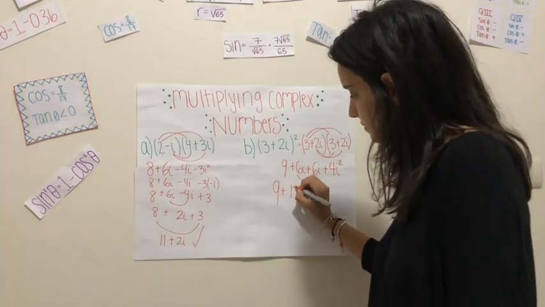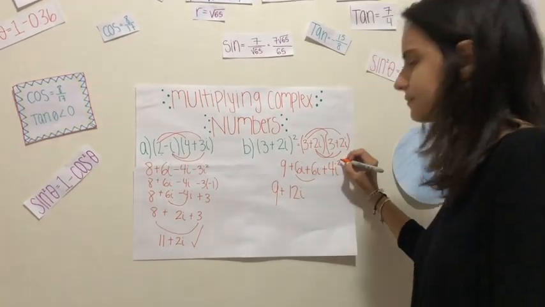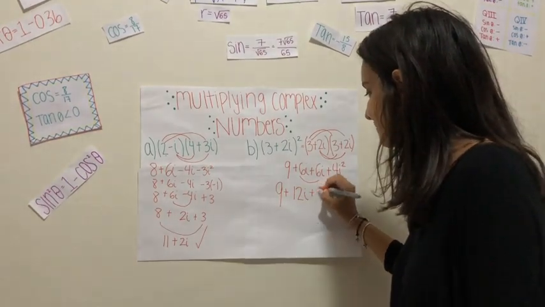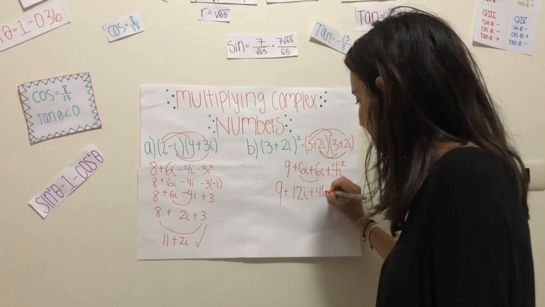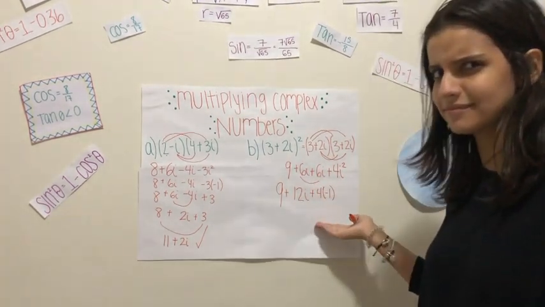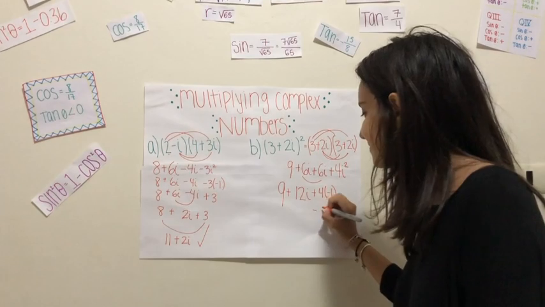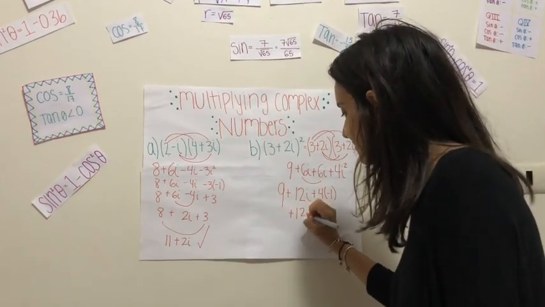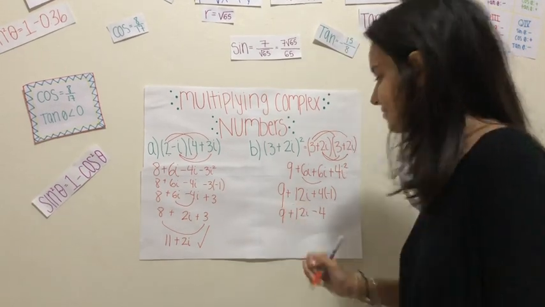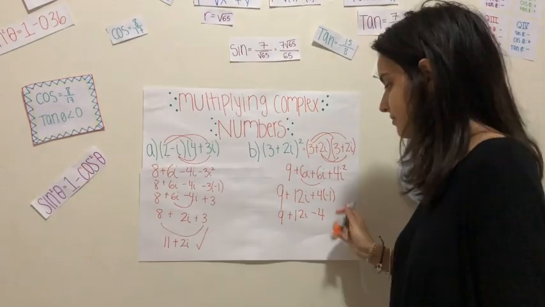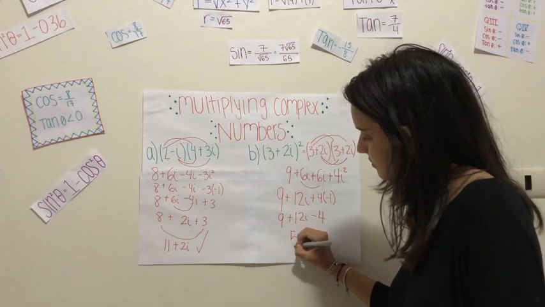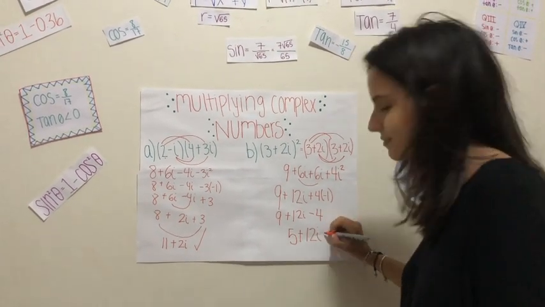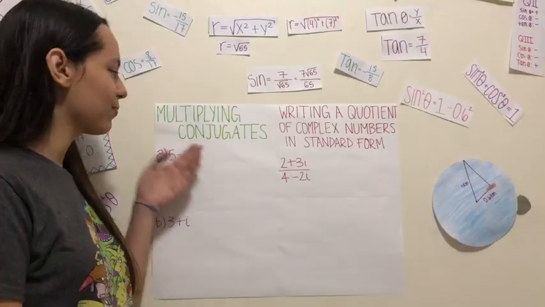Combine like terms. We realize that we have an i squared, which is negative 1. You combine like terms again and simplify the answer, which will be 5 plus 12i.